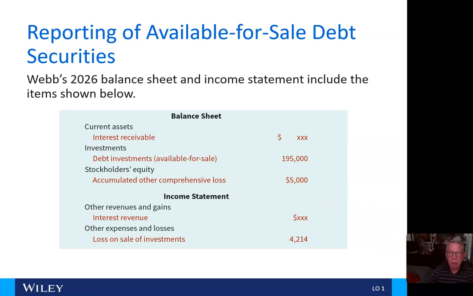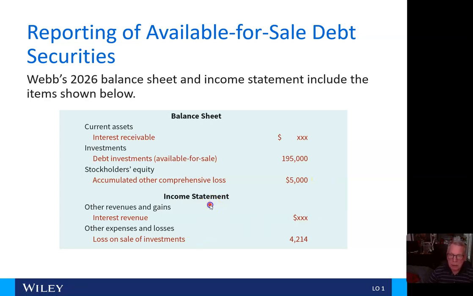Okay, so on Webb's balance sheet, if we look at investments, we have debt investments available for sale, $195,000. We have stockholders' equity, where we have the $5,000 accumulated other comprehensive loss.